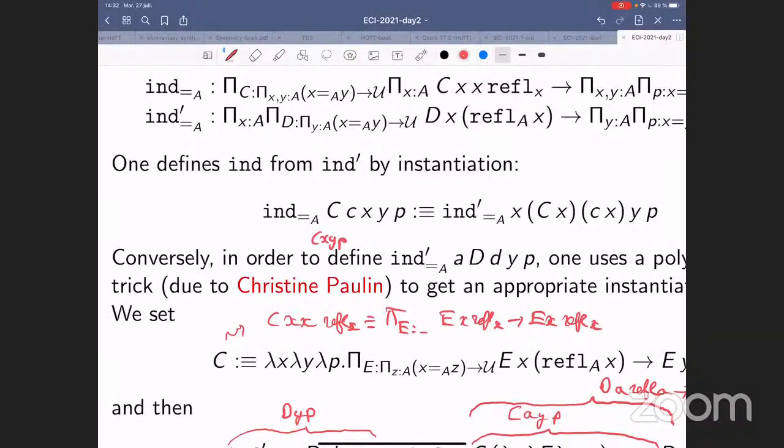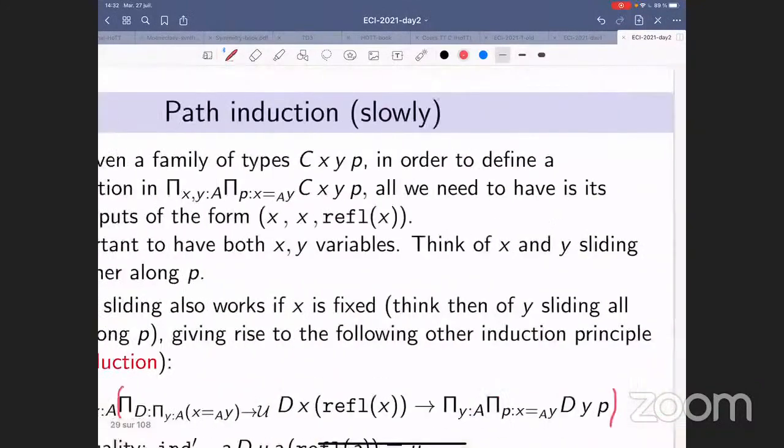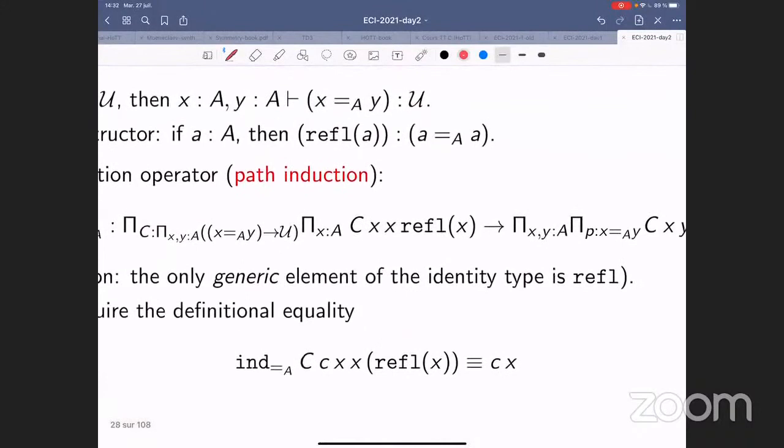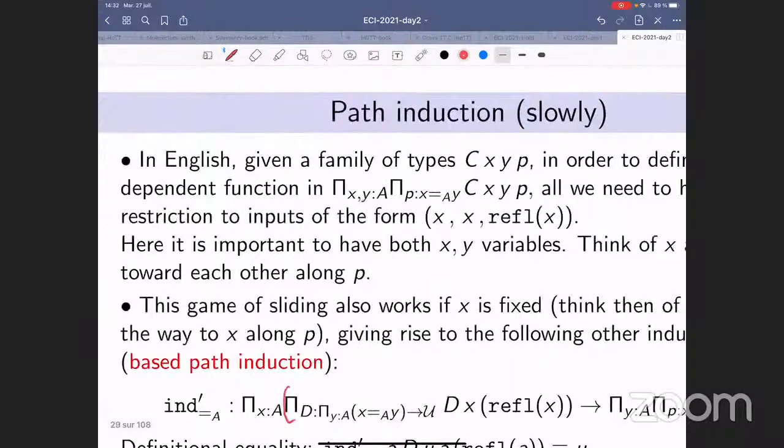And then this C, what is the type of this small c? So we should go back here. The small c here should return an argument in C X refl. So let me write it.